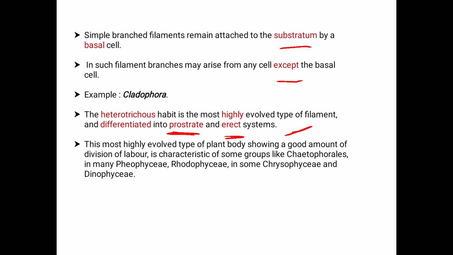It is characteristic of some groups like Chaetophorales, many Phaeophyceae, Rhodophyceae, and some Chrysophyceae and Dinophyceae.